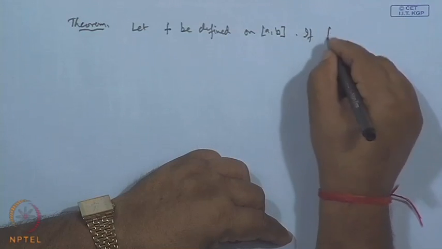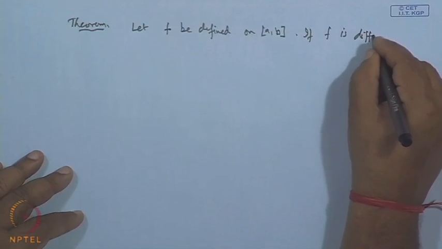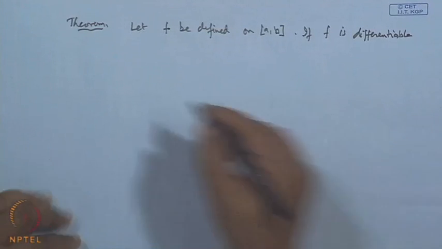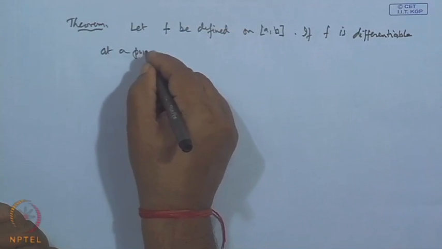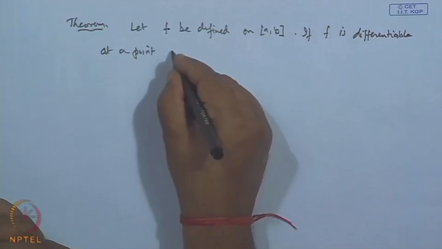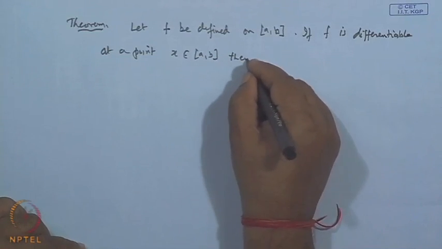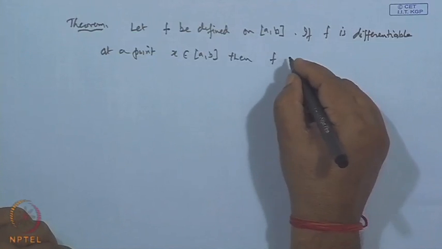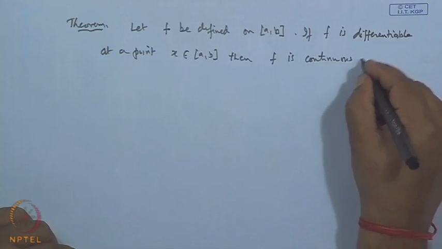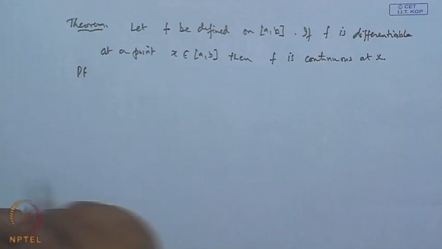If f is differentiable at a point, say x belonging to the interval a b, then f is continuous at x. Okay. The proof is just simple.